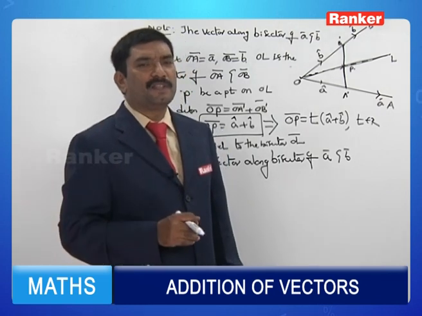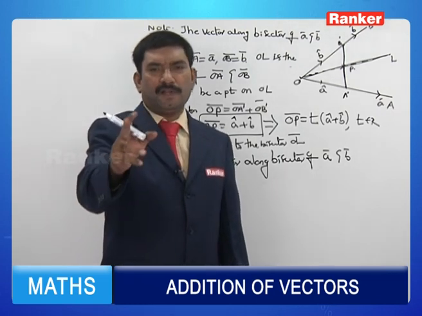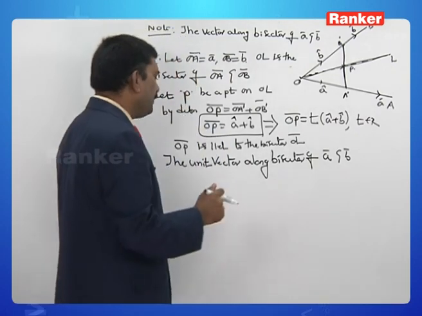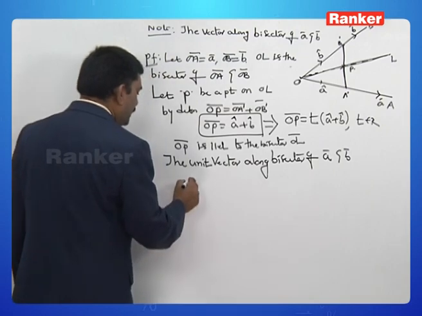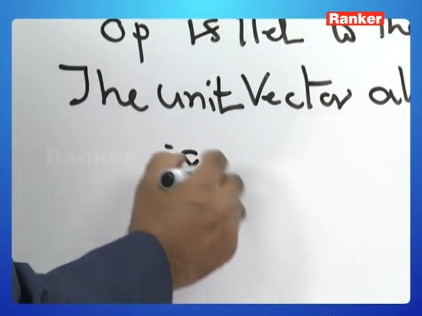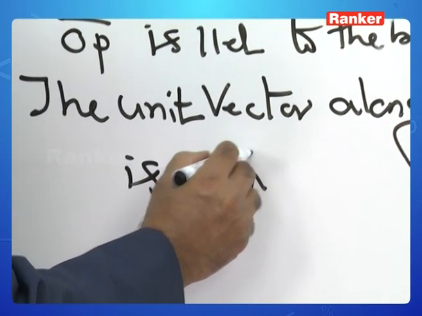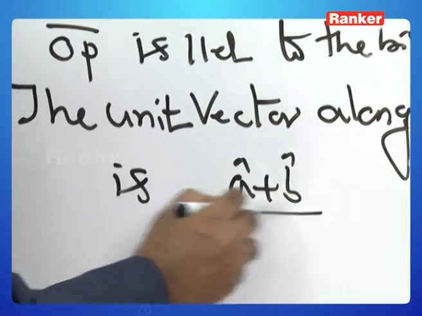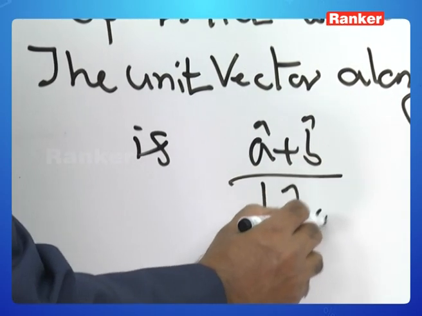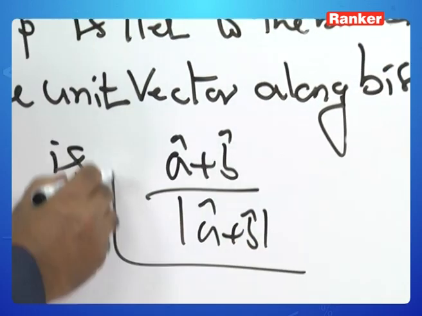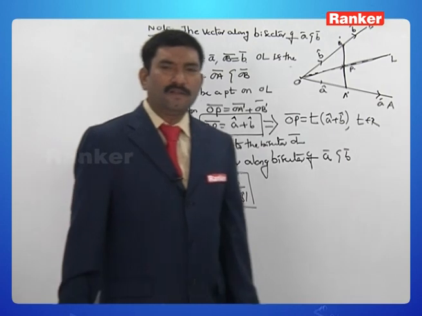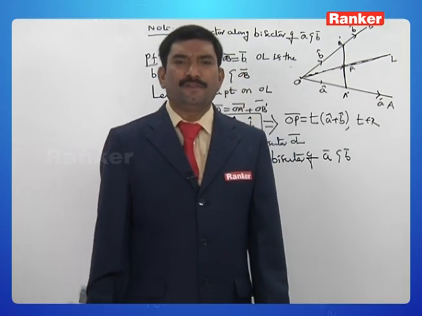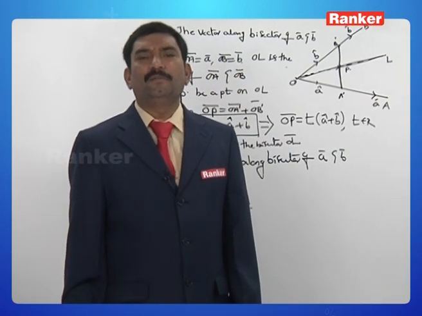It's an internal bisector of A bar and B bar. So therefore, the unit vector along the bisector of A bar and B bar, I can write, is A cap plus B cap by modulus of A cap plus B cap, which is called the unit vector along the internal bisector of A bar and B bar.